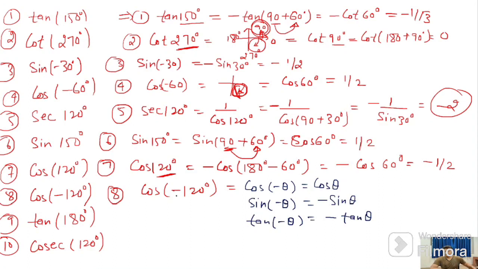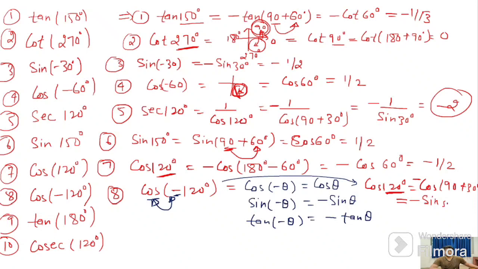So cos minus 120 can be written as cos 120 degrees, and 120 is in the second quadrant, so minus cos of 90 plus 30 degrees, which equals minus sin 30 degrees, which is minus 1 by 2.